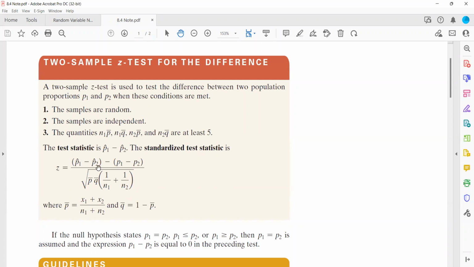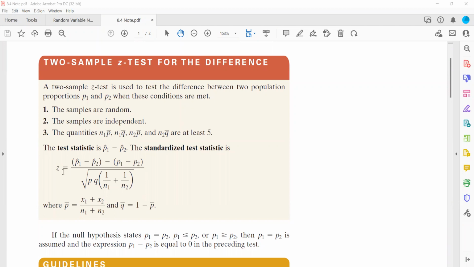After finding your standardized test statistic, you can use either the rejection region or the preferred method, p-value, to compare your P and alpha. So the standardized test statistic, Z. Okay, remember that.